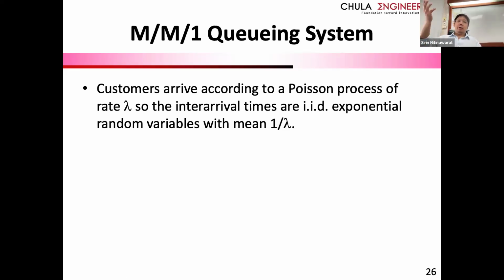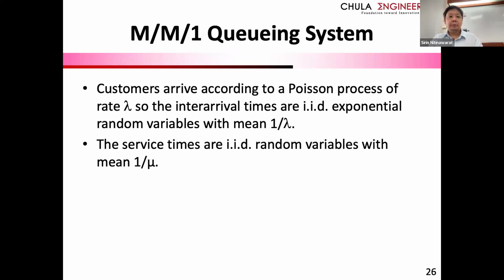So if the arrival rate is lambda customers per second, you should expect each inter-arrival time to be 1 over lambda on average. If one customer arrives every 1 over lambda seconds on average, then in the long term the arrival rate will be lambda customers per second. That's the first M.